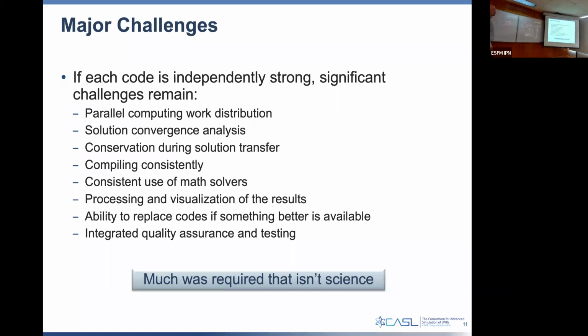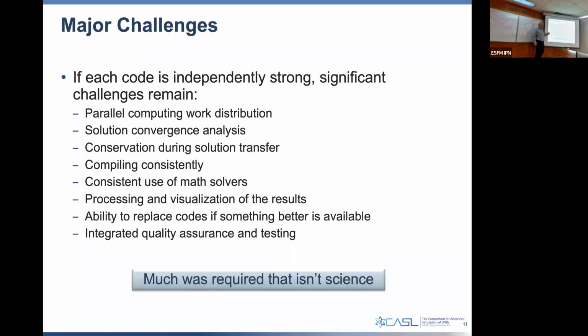So having the ability to let this grow and change with time. And then overall, all of these codes were actually in the middle of development. It's not like it was a static code where we said, let me get the 2009 version of this code and let me use it. The codes were changing literally every day. And so if somebody changes Impact, they could change it in a way that would mess up the coupling with the thermal fluids.